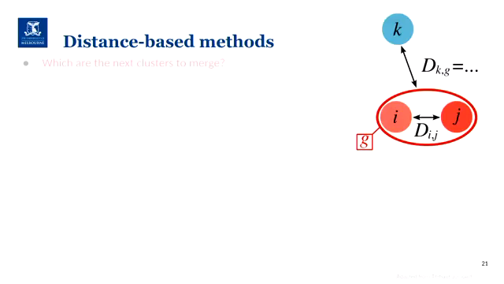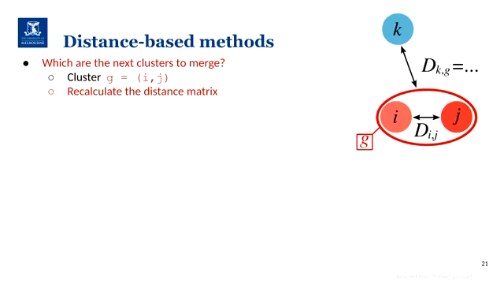So the question between the different methods is, which are the next clusters to merge? Let's say we have this cluster, IJ, we just created. I is a sequence, J is a sequence, and we have G, which is a new cluster here, and they have a distance IJ. We want to recalculate the distance matrix.